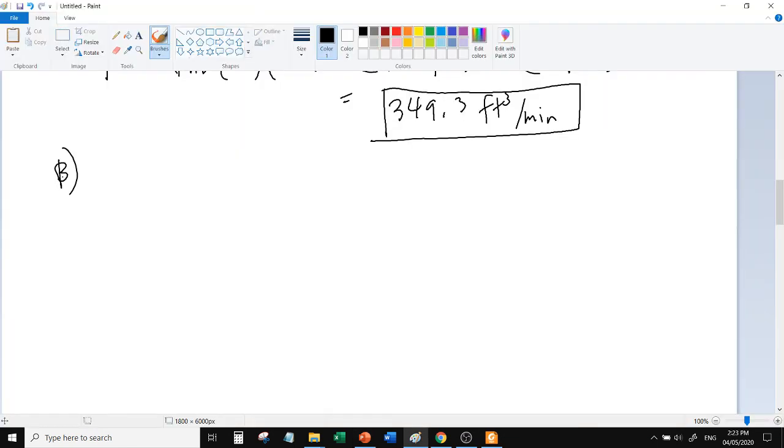So, let's use the equation for work. This is just a single stage compressor. So, we use this equation.